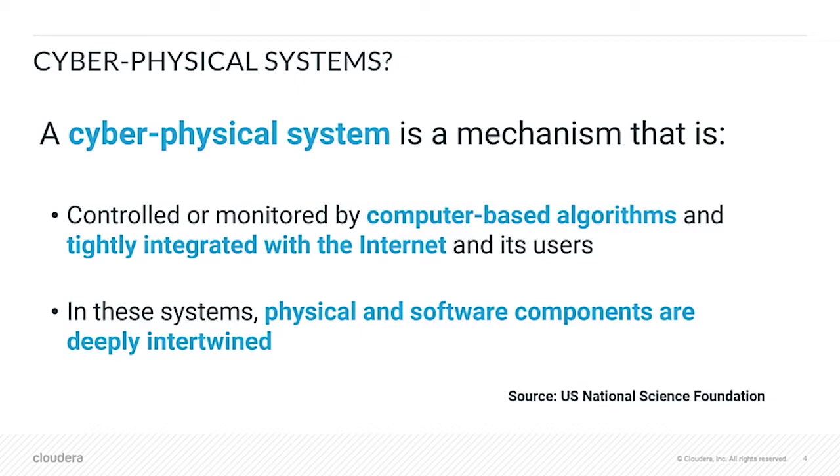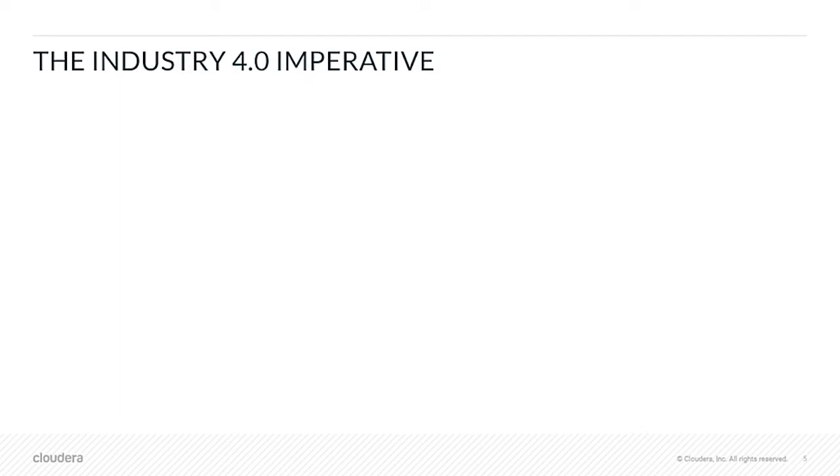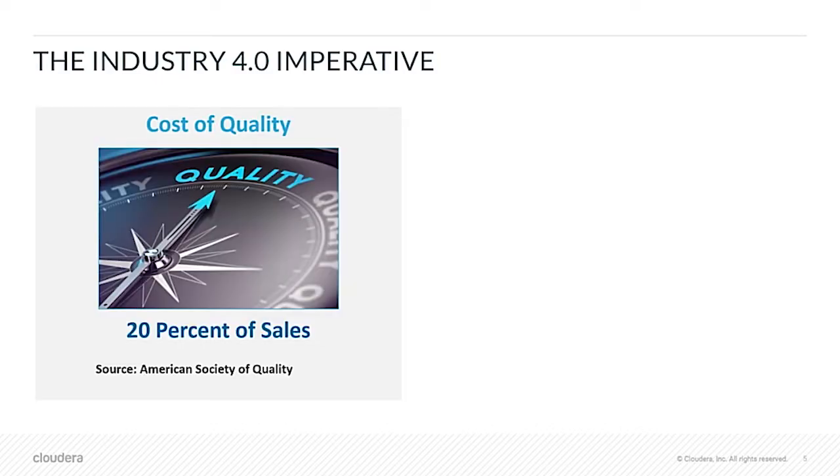But before we get into data and technology and all those types of things, why are customers and companies looking at Industry 4.0? It's not because of technology. Despite years of trying to improve quality in manufacturing companies, cost of quality still amounts to roughly, on average across manufacturers, 20% of sales. So the cost of bad quality, whether it be returns or warranty claims or scrap or defects, right? 20% of sales.